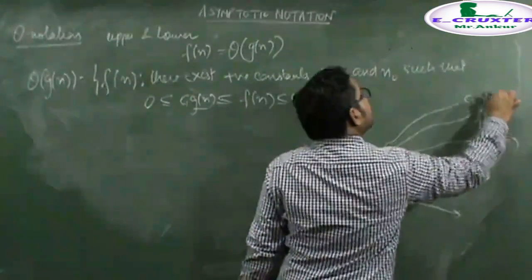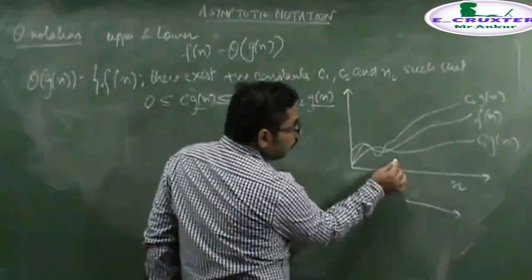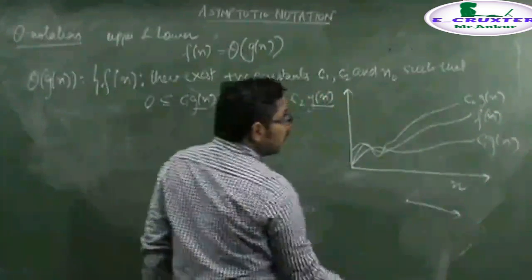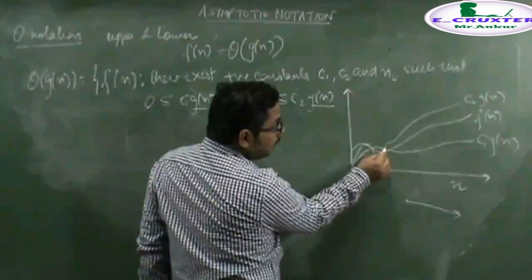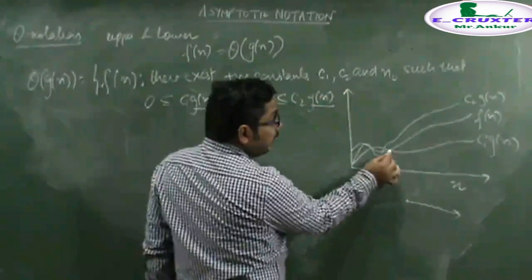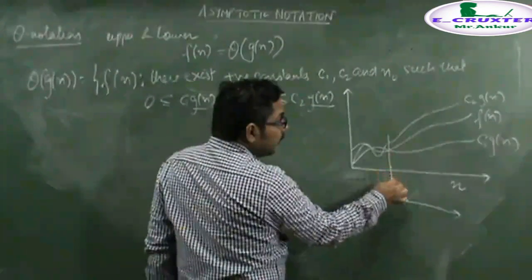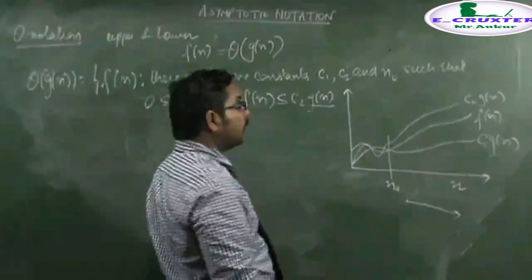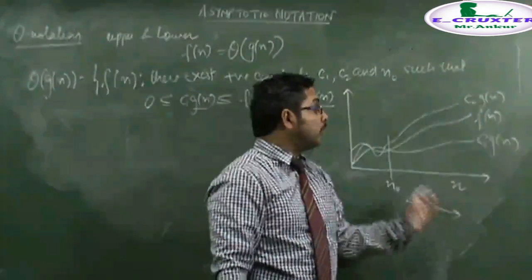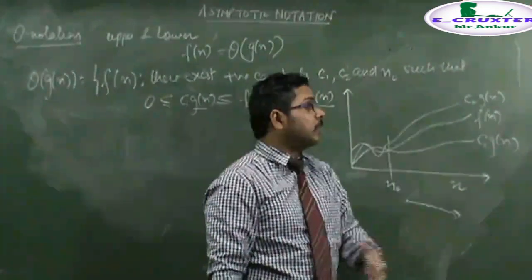and this is C2 g(n). If I am multiplying g(n) with C2, then it is acting as the upper bound, and when I multiply g(n) with C1, then it is acting as the lower bound. Then you can notice that there is a point n naught, after which, when I multiply g(n) with C1 and with C2, g(n) is acting as a lower bound and also as the upper bound.